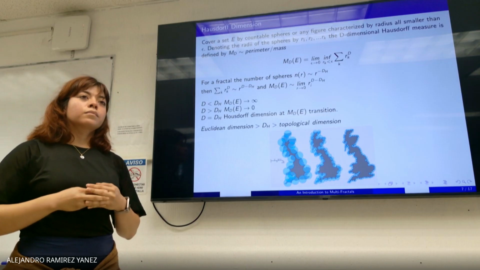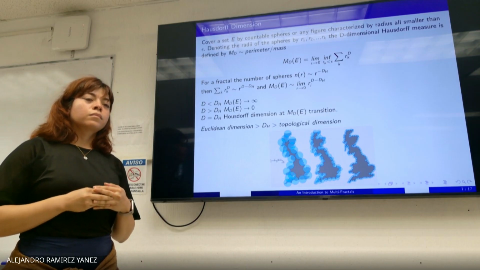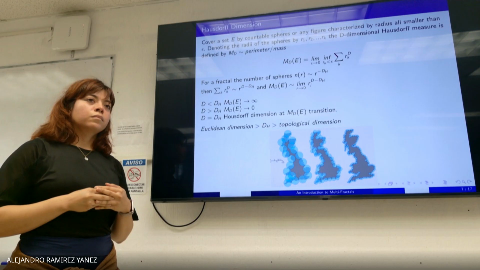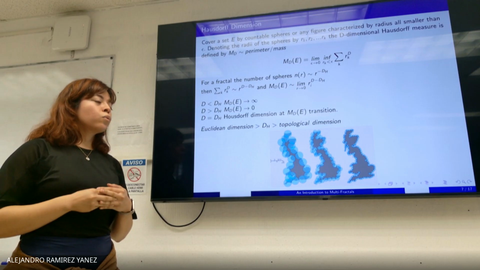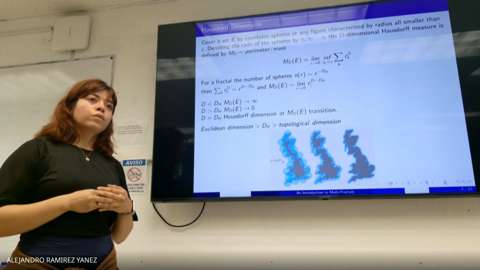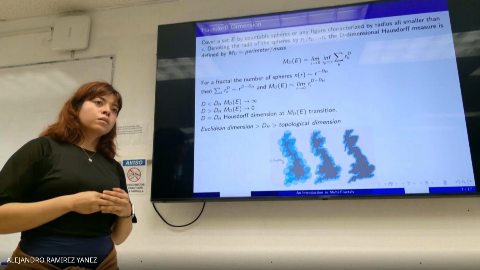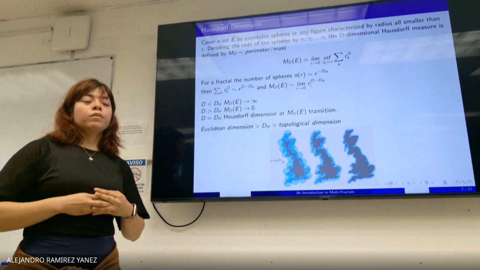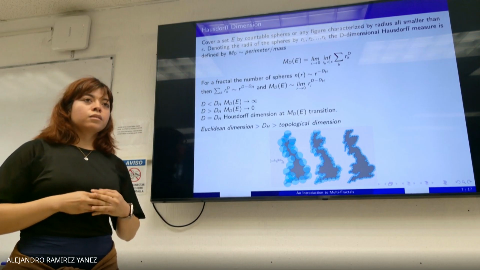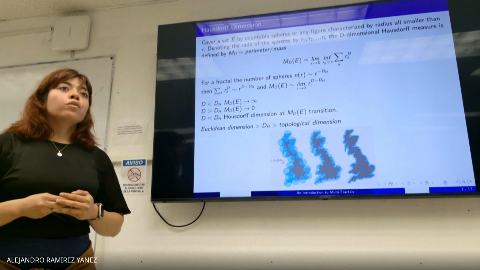Basically, for the Hausdorff dimension, your building blocks of the measurement should be discrete. That's an important part. No, sorry.